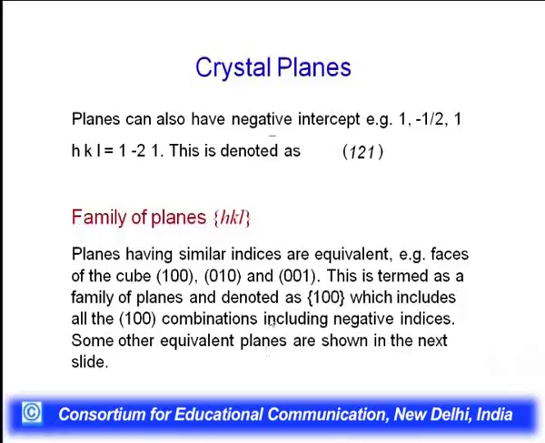All the 1, 0, 0 combinations include the negative indices also, means all the minus signs we can consider in this combination also.